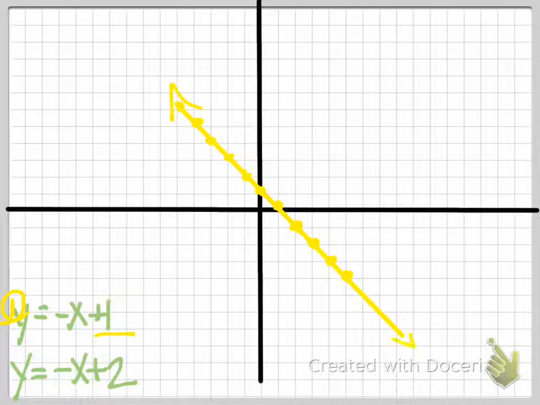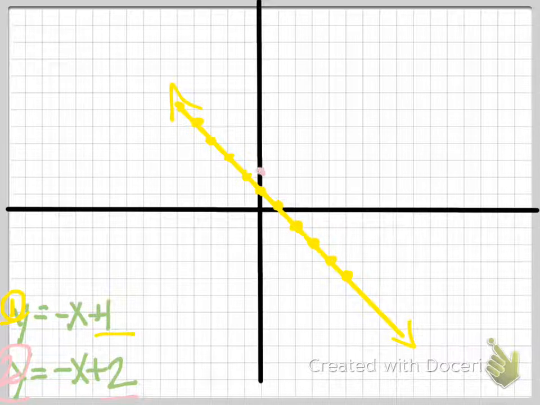Now we're going to need to draw the line for the second one. Let's do that one in pink. So here's line number 2. Your y-intercept here is 2, and your slope is the same. So here's my y-intercept at 2.